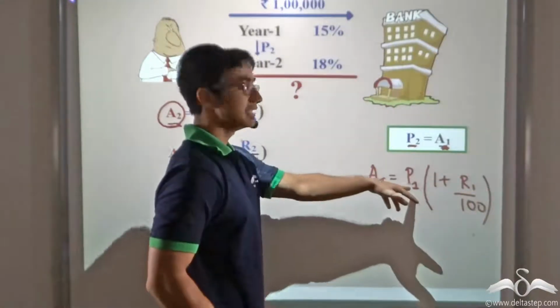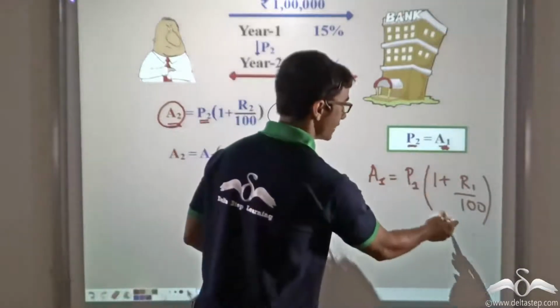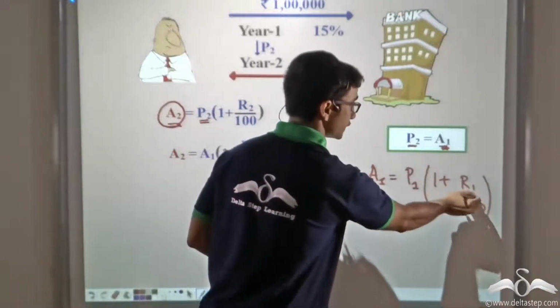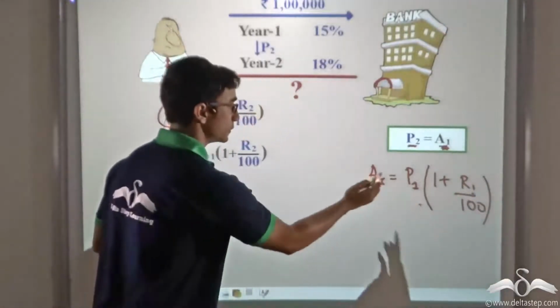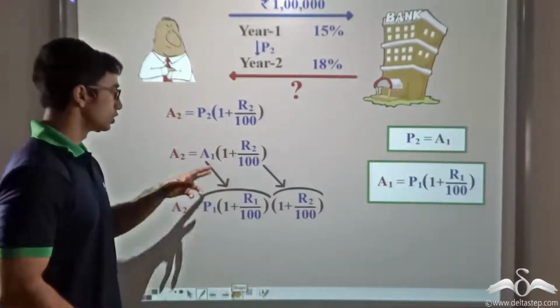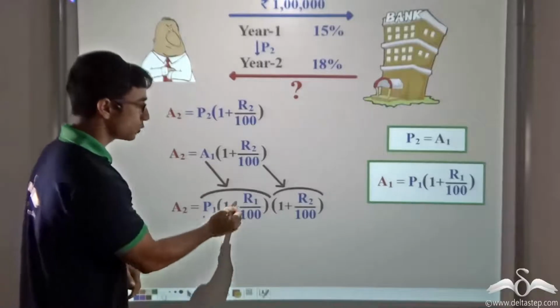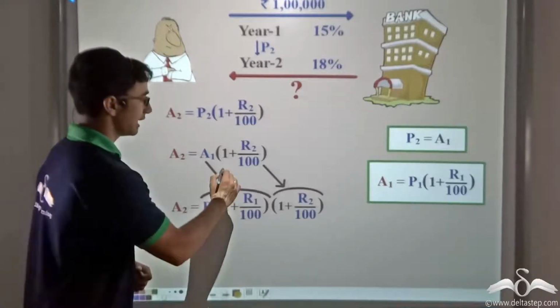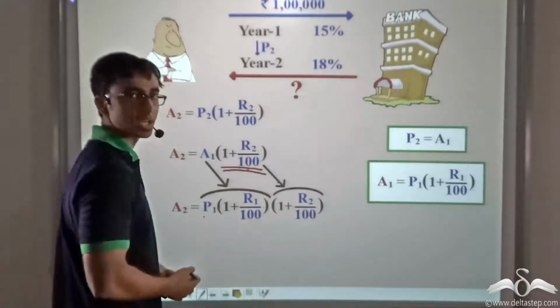That is the amount of money that was originally invested multiplied by 1 plus the rate for first year divided by 100. So this is the formula which we can replace for A1. So I replace the value of A1 with P1 into 1 plus R1 by 100. And this part of the formula remains as 1 plus R2 by 100.